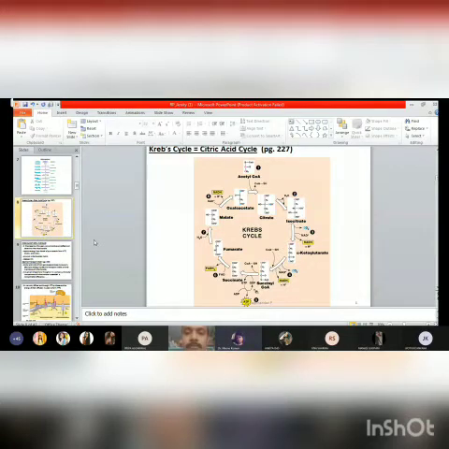If there is an absence of oxygen and glycolysis has to take place, the NADH generated in that step has to be oxidized back to NAD plus. This is done by converting pyruvate into lactate. In the process, NADH will be converted to NAD plus again, and the glycolysis can continue without the help of oxygen. This was about glycolysis.